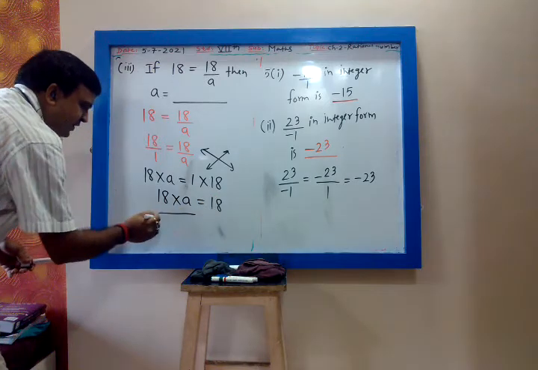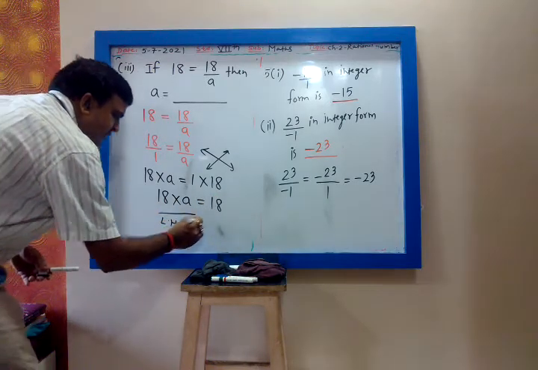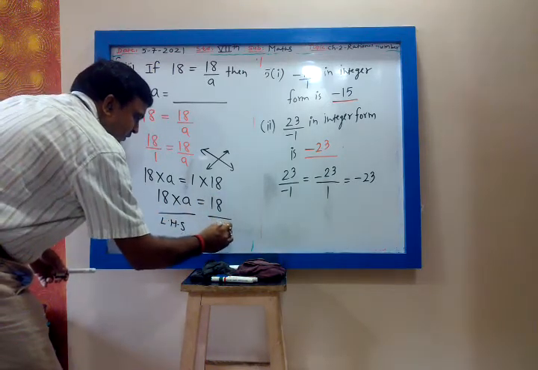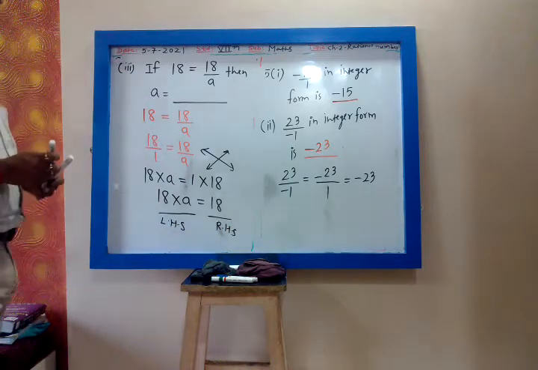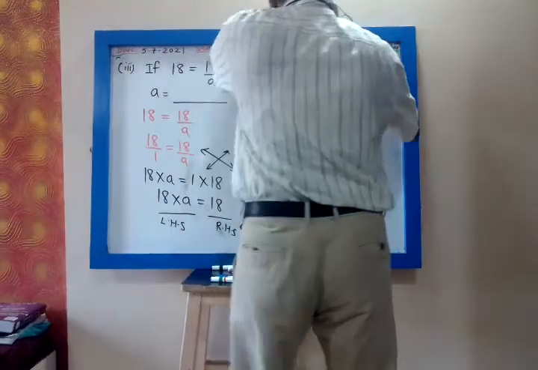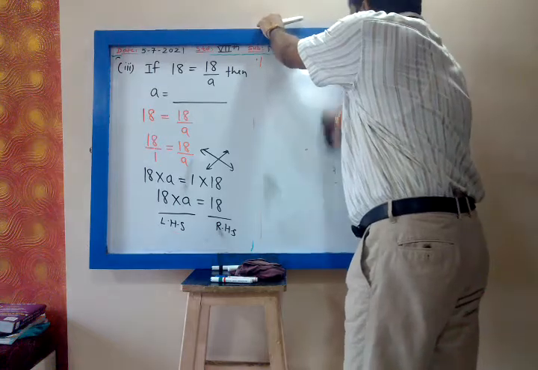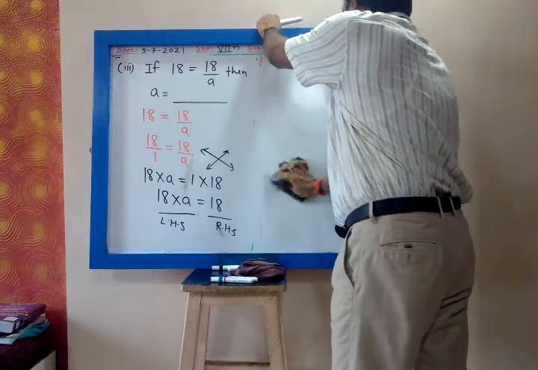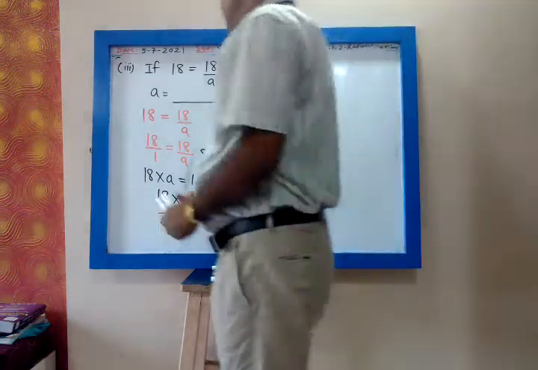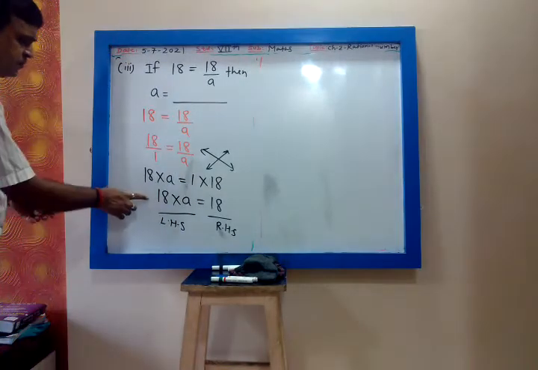Now this is my left hand side and this is my right hand side. Whenever you change the side, the sign changes: plus becomes minus, minus becomes plus, division becomes multiplication, multiplication becomes division. So where is 18?